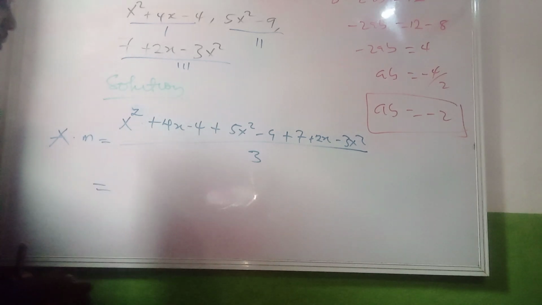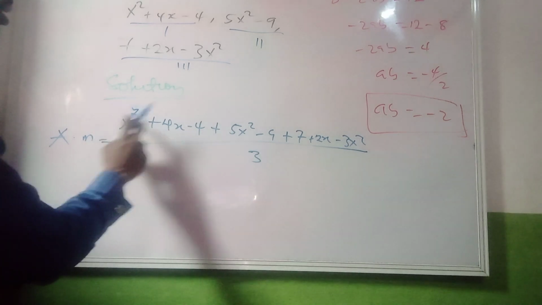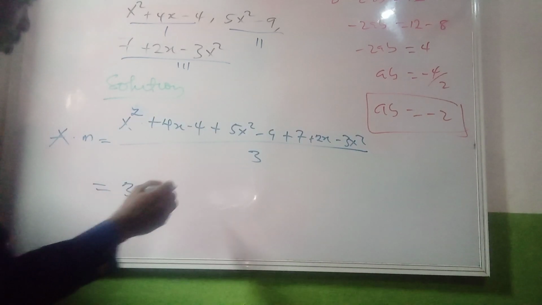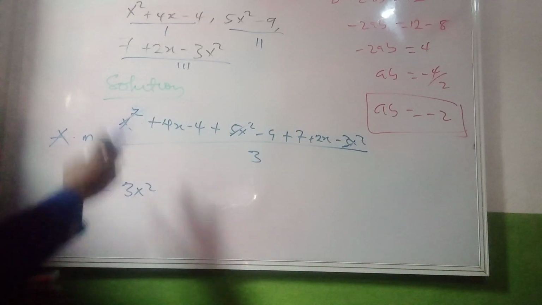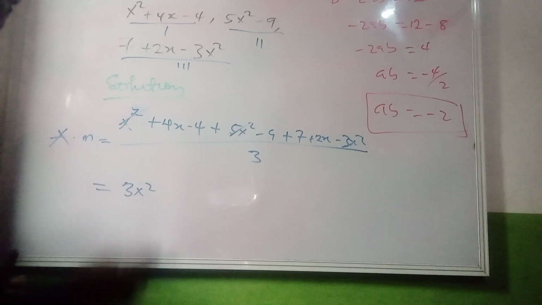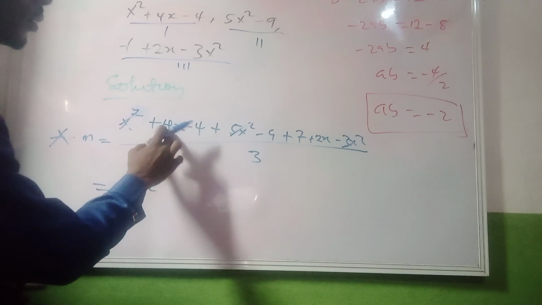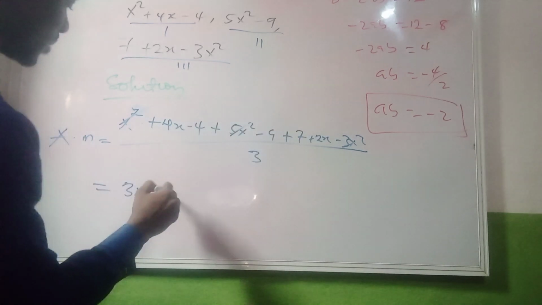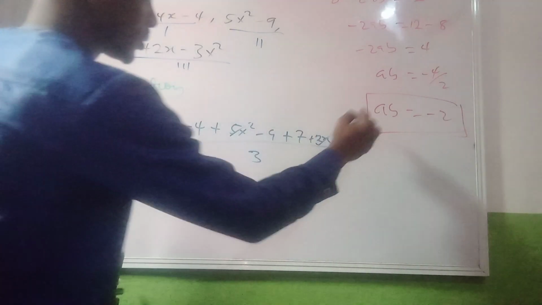Now we have this. Bringing all the terms raised to power 2 together, we have 6 minus 3, that's 3x raised to power 2. Then we bring the ordinary x terms together: we have 4x plus 2x, that's plus 6x.